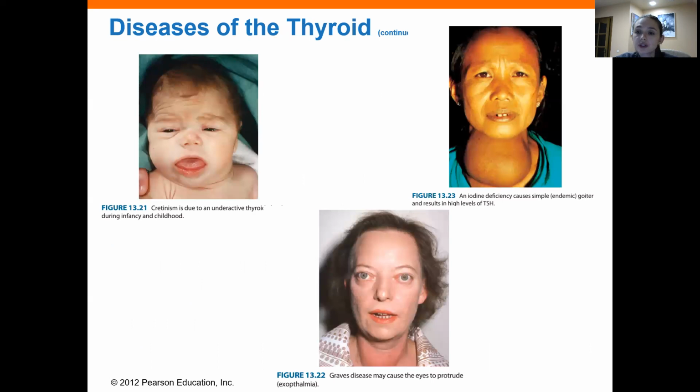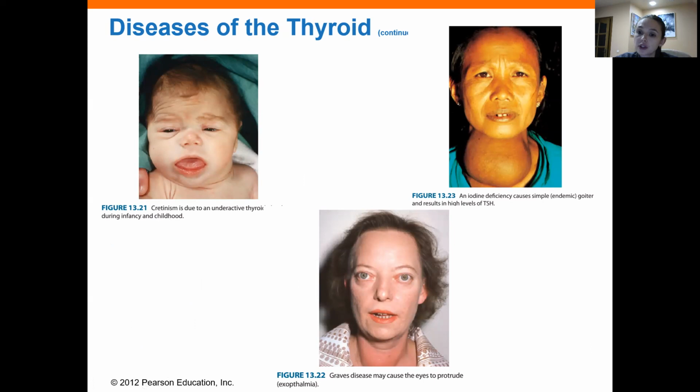In this picture, you could see diseases which are related to the thyroid gland. On the first picture, figure 13.21, it's cretinism due to the underactive thyroid during infancy and childhood.